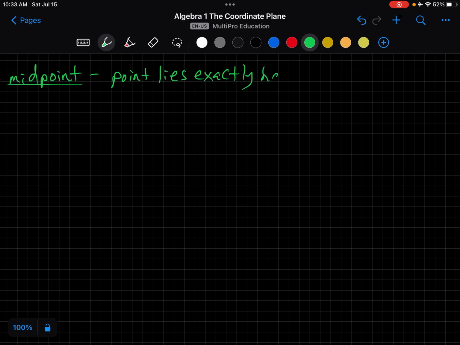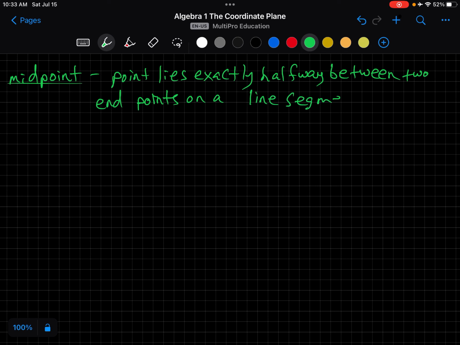This point lies exactly halfway between two endpoints on a line segment. So what a line segment is, is just a line that connects between 2 points. Alright?